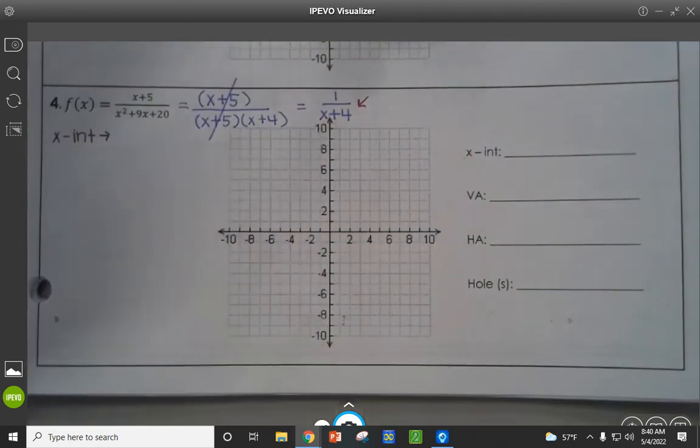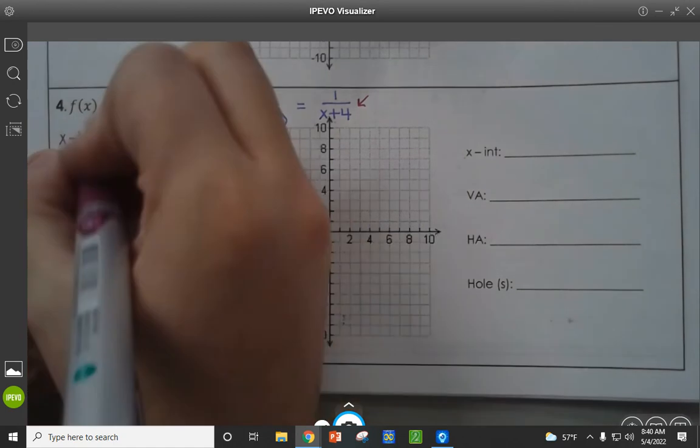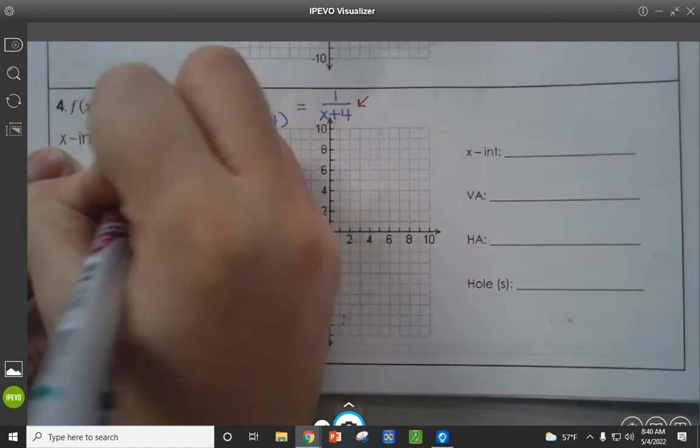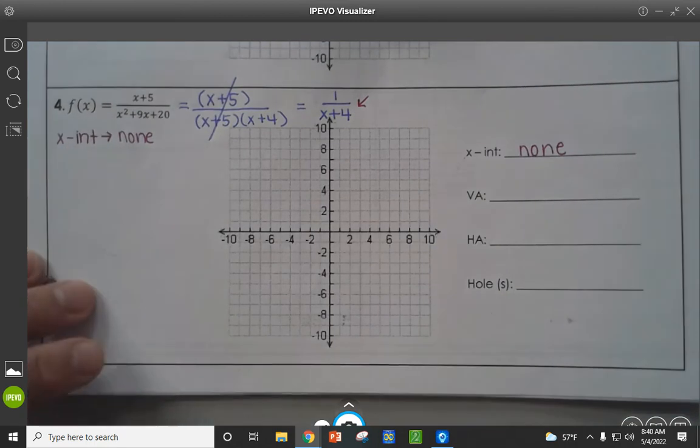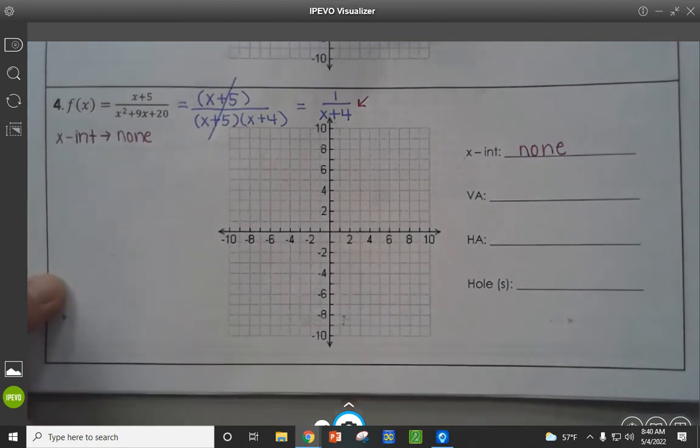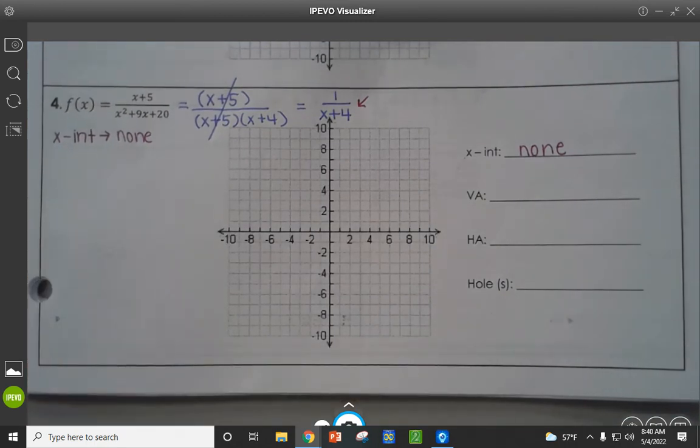Well, there's no x left in the numerator at all when it's simplified. So there's actually no x-intercept. And you should be able to see that when we put it in the graph. So some of these things, like these asymptotes, if you are totally clueless, you could just look at the graph and take a really good guess based on where your graph doesn't cross at.